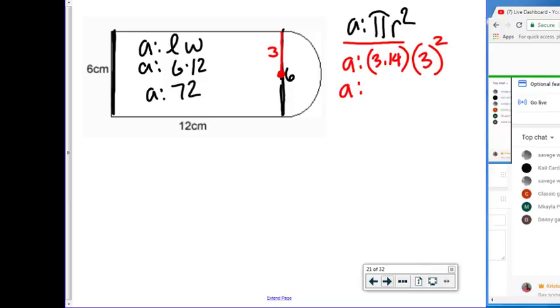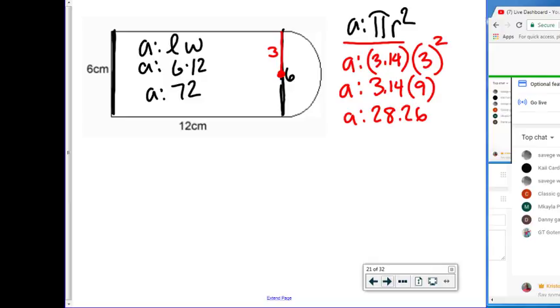Please, as a note, my students know I want to see every step written out. You cannot just tell me 72. I need to see it all. So this is 3.14 times 9. And the area is 28.26.